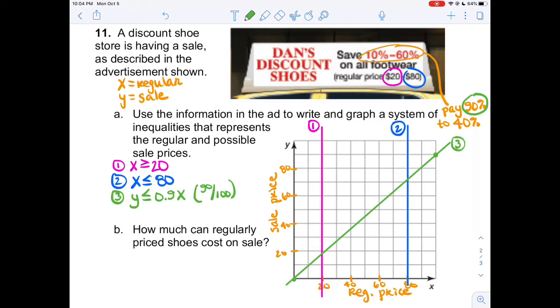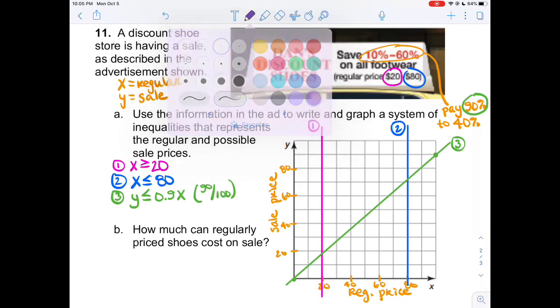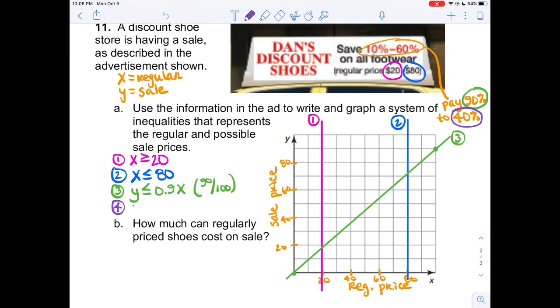All right, finally, we can do inequality number 4, and that's going to be the relationship with the smallest that we're going to pay. At the least, we're going to pay 40%. So Y has to be at least 40%, but it might be greater, 0.4x.